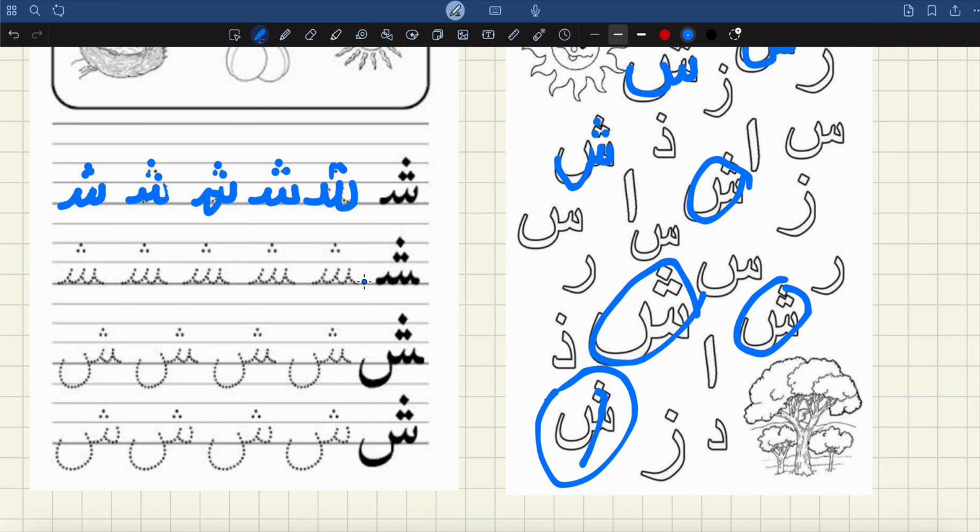In the middle, from right to the left, top, bottom, left, top, bottom, left, top, and after that, left, top, bottom, left, and 3 dots, like this here.